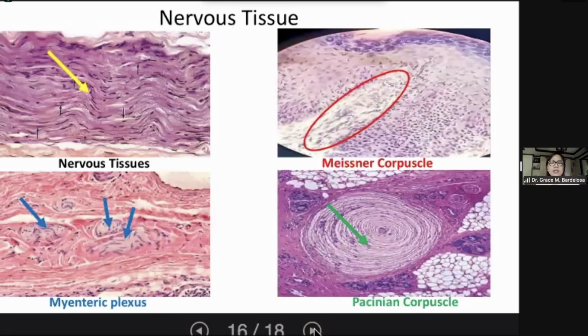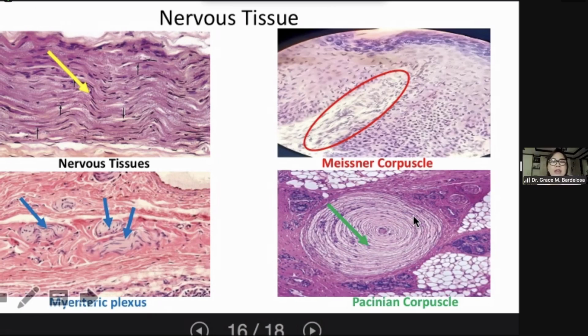Okay, these are just examples of nervous tissue found in the human body. You probably still remember this one. The mesenteric plexuses are found in the tunica muscularis of the gastrointestinal tract organs, such as the small intestines and large intestines.